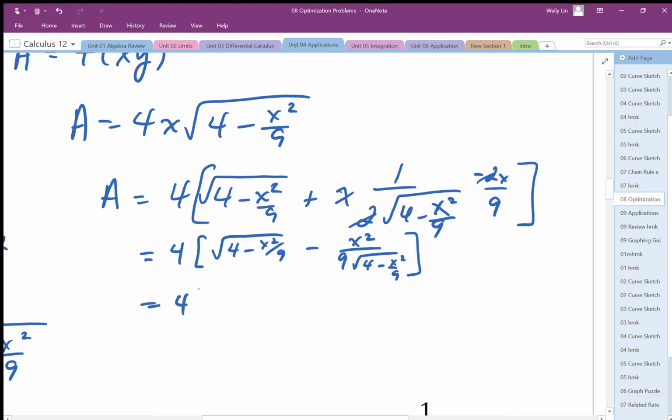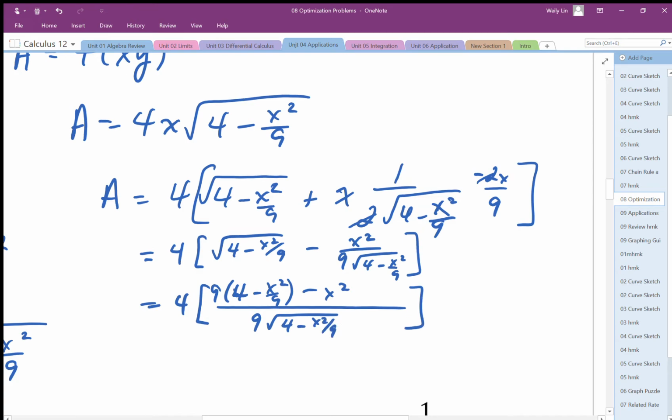So I end up with 9 times, well, I'm going to multiply that by its square root, so I'm going to get rid of the square roots here. Minus x squared, and that's all over 9 root 4 minus x squared over 9.